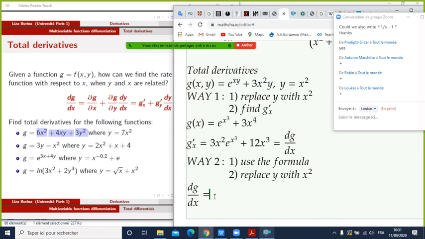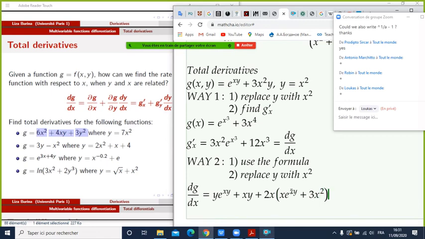So that will be y e to the power of xy plus 6xy plus 2x times x e to the power of xy plus 3x squared.